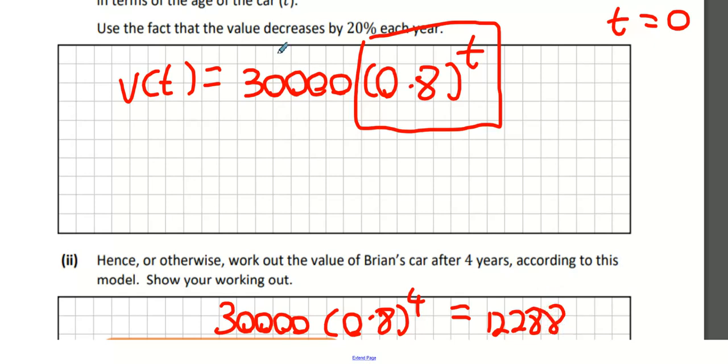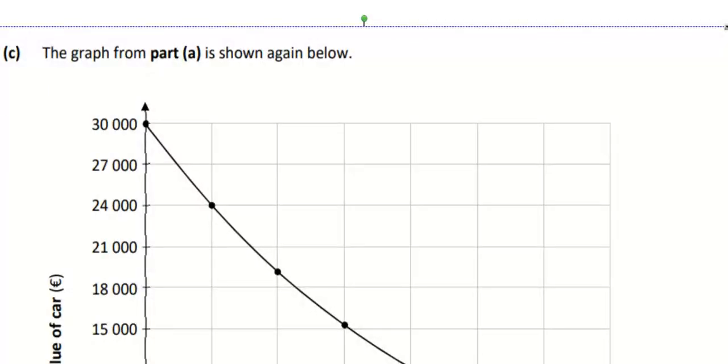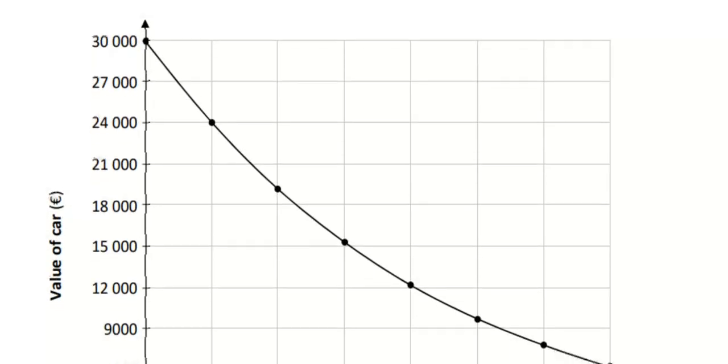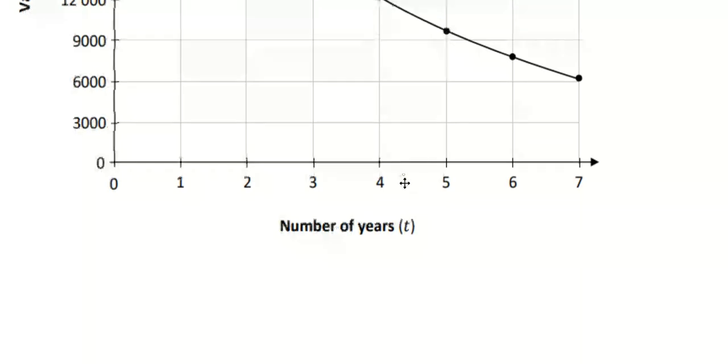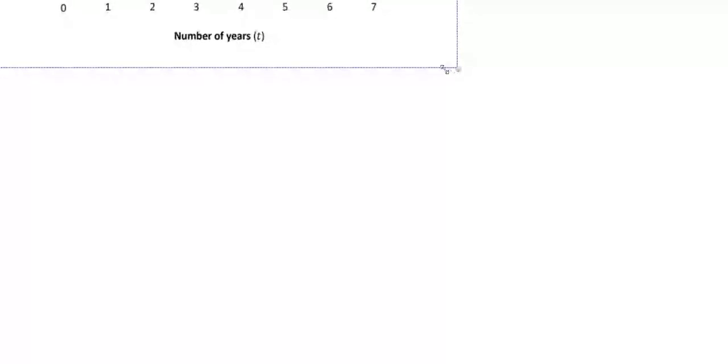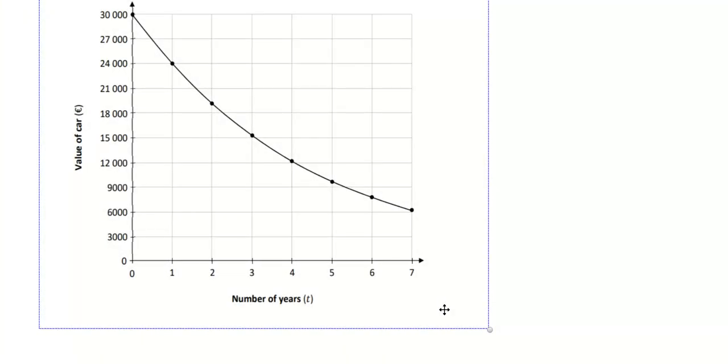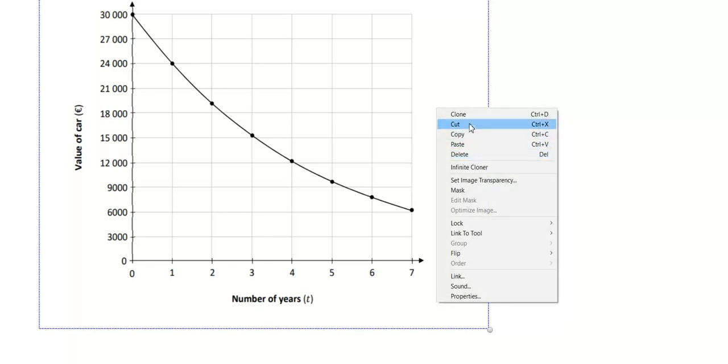Now, here's a new graph. Is this the same graph or a different graph? Same graph. And what does it want me to do with this graph? It wants me to do a new graph with it.